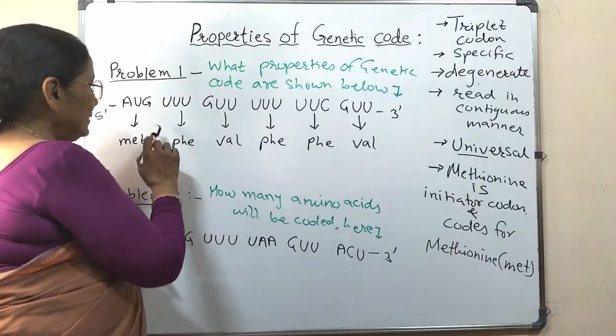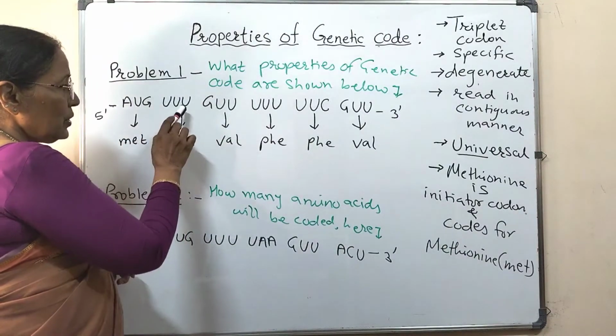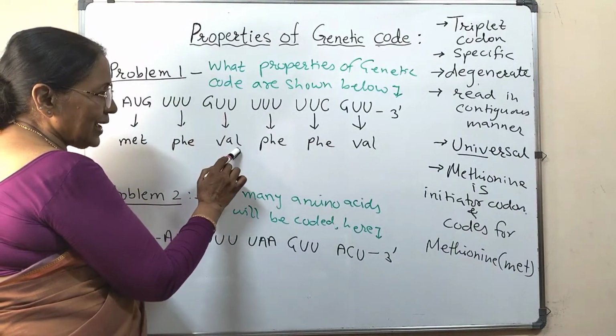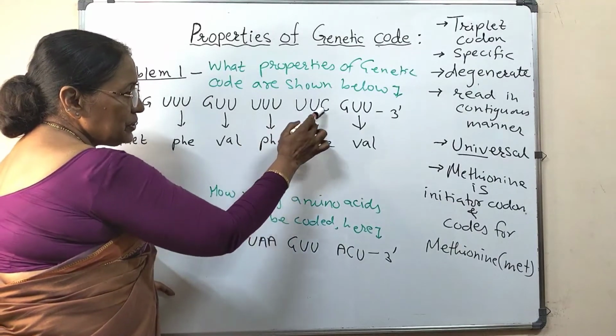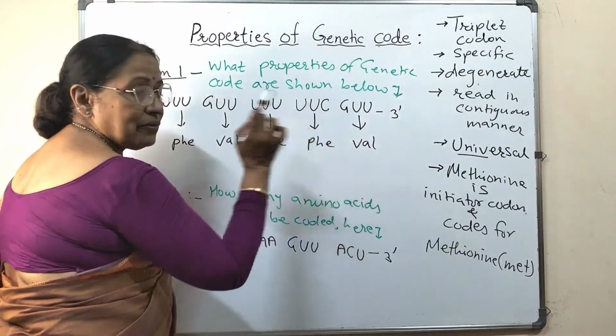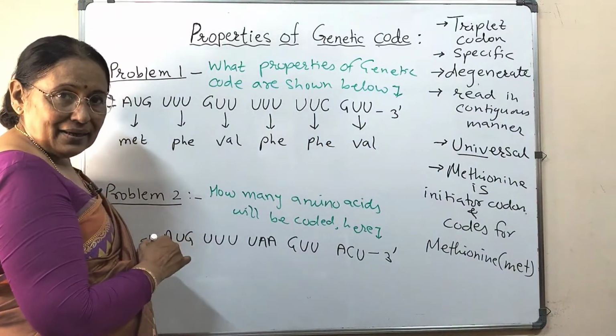Read this one. AUG coding for methionine, UUU phenylalanine, GUU valine, UUU phenylalanine, UUC phenylalanine, GUU valine. What properties can you see here?